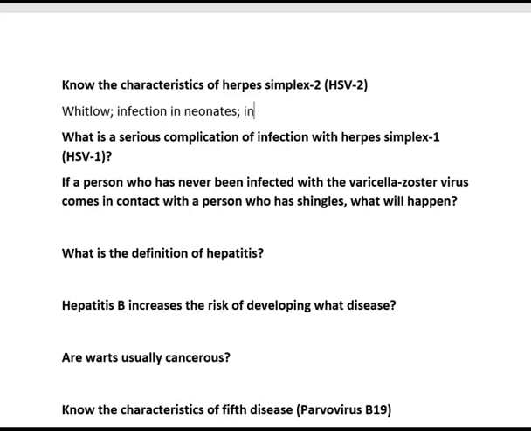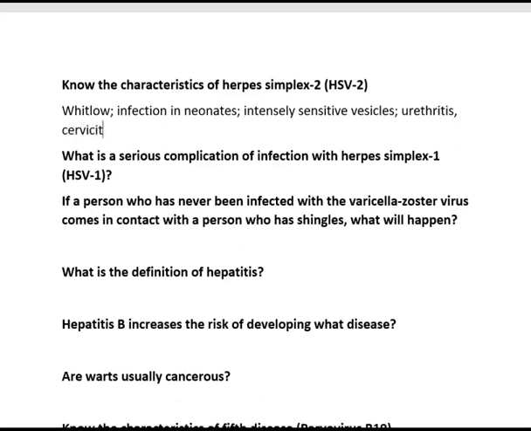The lesions are intensely sensitive vesicles, usually on or near the genitals, because this is HSV2, right? So it's primarily associated with genital herpes. And some of the other symptoms that can occur are urethritis, cervicitis, and itching.